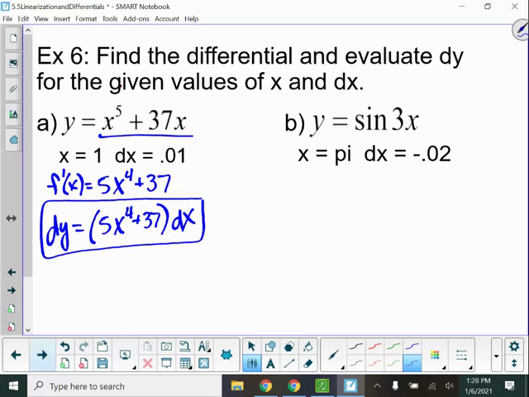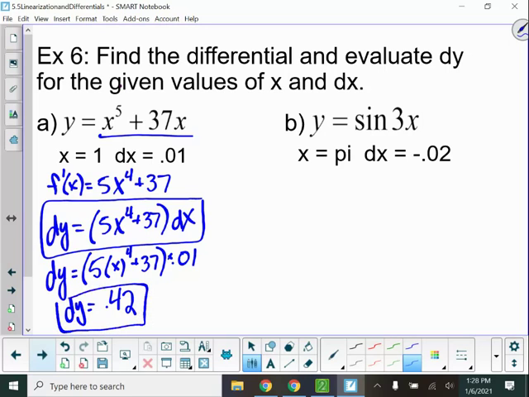So that is the differential as a formula. Then we evaluate. And when we evaluate, it tells me that x is 1, and dx is 0.01. And when you go through and multiply that, you end up with 0.42. So given the conditions that they did, the fact that x was 1 and dx is 0.01, your dy is equal to 0.42.